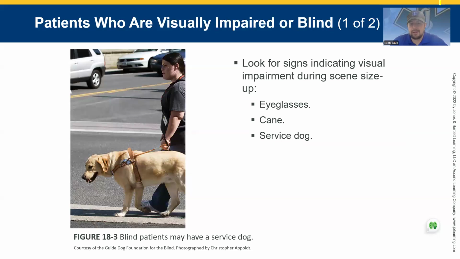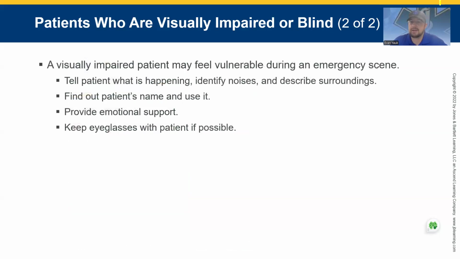Eyeglasses, a cane, a service dog. When you see these things, ask questions. A visually impaired person may feel vulnerable during an emergency scene. So tell the patient what is happening, identify noises and describe surroundings, find out the person's name and use it, provide emotional support, keep eyeglasses with the patient if possible.